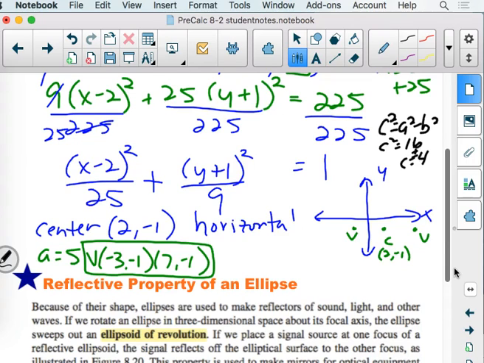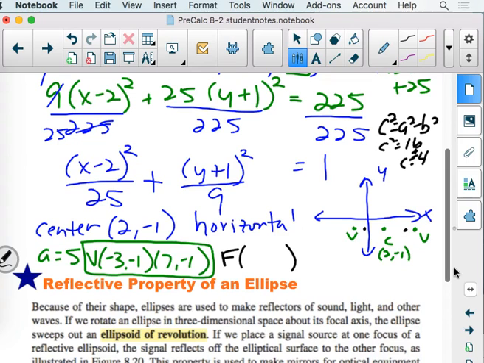Now, is that going to be on the same horizontal axis, or does that go the other way, vertical? Horizontal? Yeah, always on the major axis. So, instead of adding and subtracting 5, you just need to add and subtract 4. And I'll put a big F there. Okay.